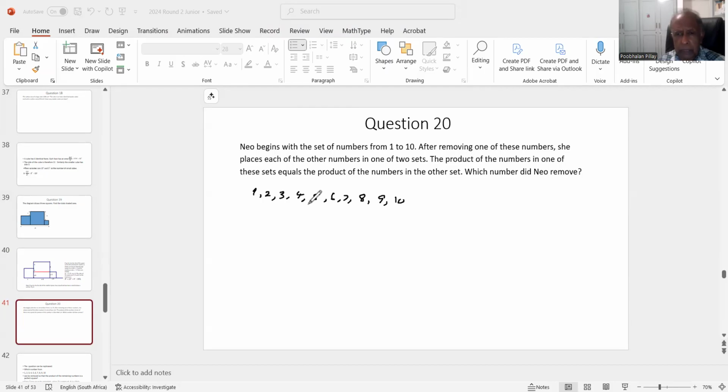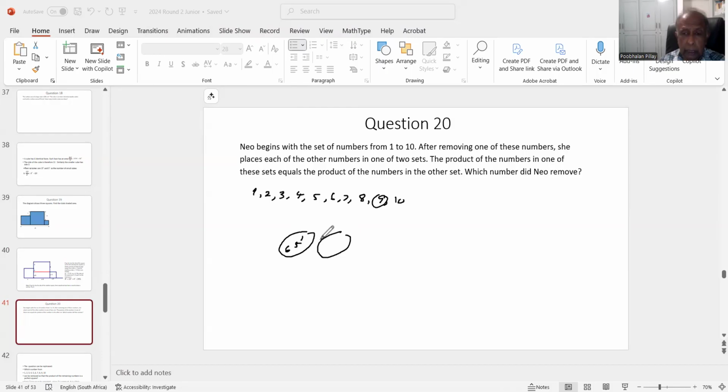After removing one of these numbers, she places each of the other numbers into one of two sets. So she removes one, we don't know which one, and then she breaks it up into two sets. Maybe you got 1, 5, 6, maybe 9 was removed.